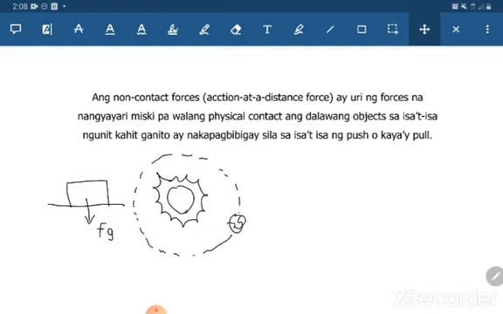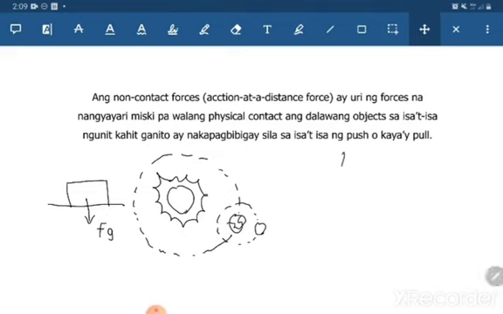Pero, umiikot yung earth sa orbit around the sun. It orbits around the sun dahil ng gravitational pull of the sun sa earth. And in the same way, umiikot yung moon sa earth dahil sa gravitational pull ng earth sa moon. So kahit hindi sila magkadikit, yung mga heavenly bodies na yan, they're experiencing gravitational force.